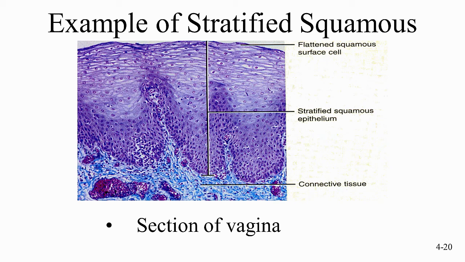And if you notice, the epithelium starts here at the bottom and works its way all the way up to the top. And we have all these different levels in between, starting right here with the basal cells at the very bottom, working our way all the way up to these flattened squamous cells.